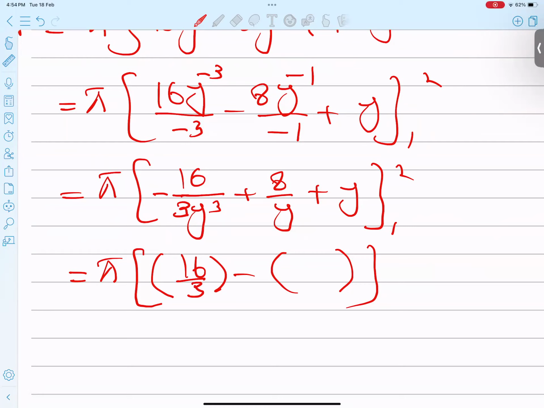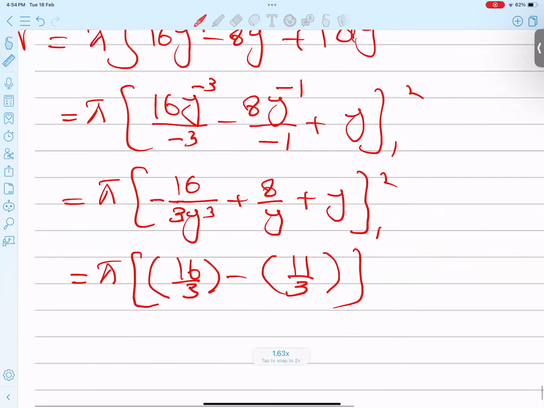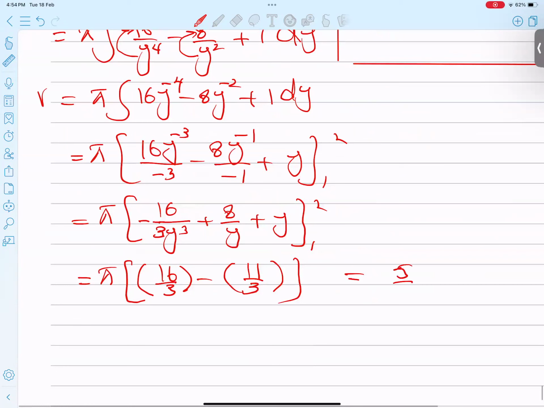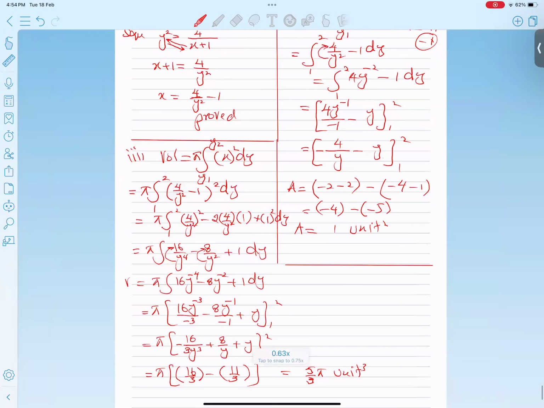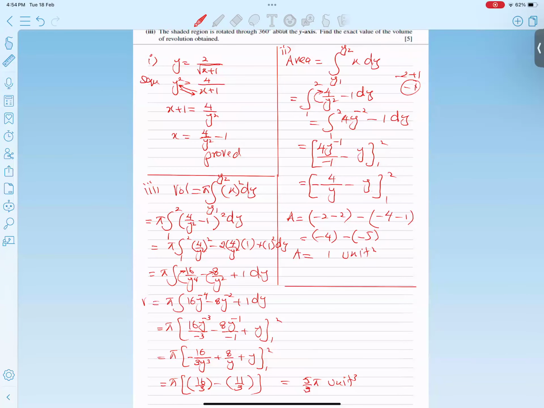Now when I plug in the lower limit, 16 by 3 plus 8 and plus 1, I get 11 by 3. So 16 by 3 minus 11 by 3, I got 5 pi by 3. So Alhamdulillah Rabbil Alameen, I got the volume, this part is clear. So the question is completely over, and you can see here, Alhamdulillah Rabbil Alameen.